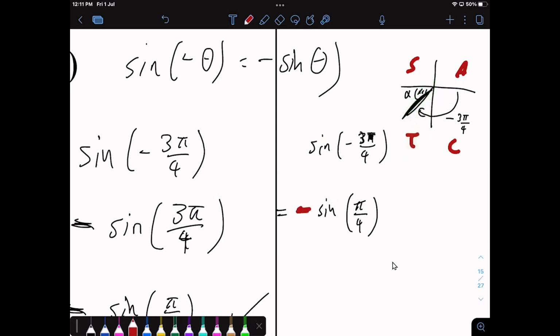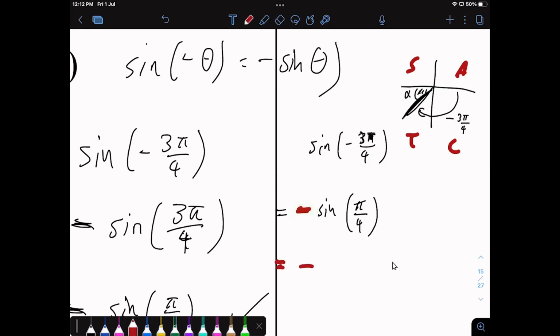Minus, yes, correct. Because tangent T here means that only tangent of any angles in this quadrant will be positive. Every other ratio, sine or cosine, you try to take that ratio of an angle in this quadrant, you will just get a negative. Tangent positive, sine cosine is negative. So that's why here is sine, so that's why it's a negative.